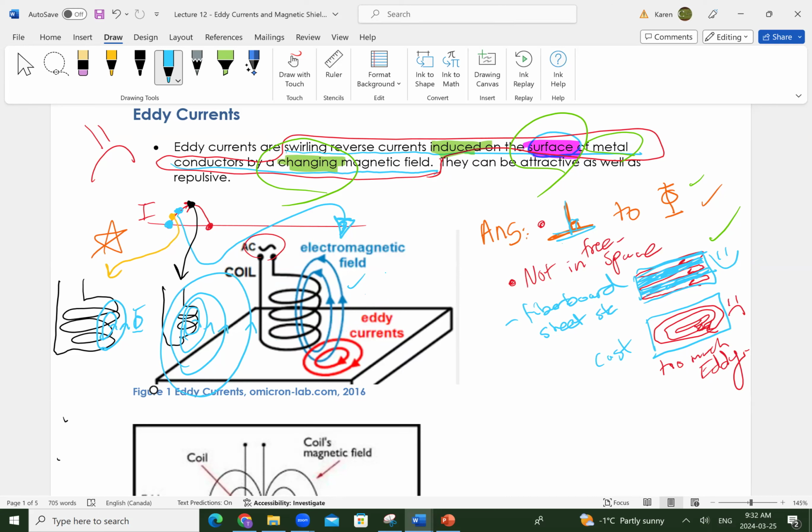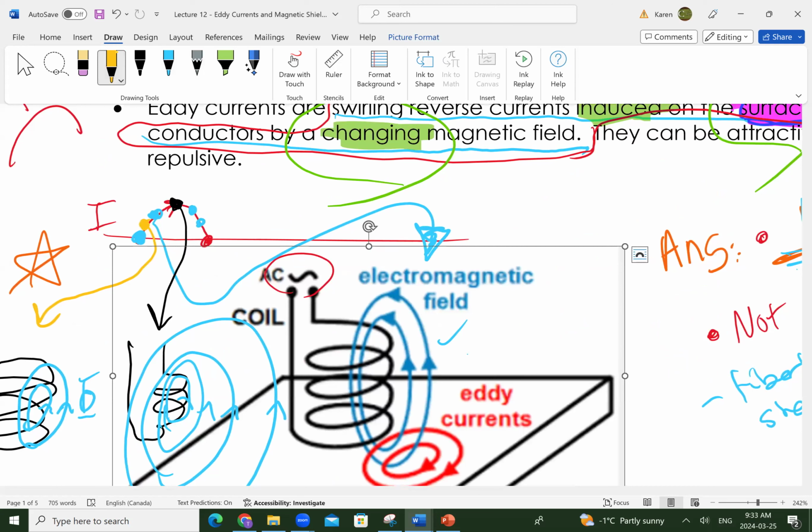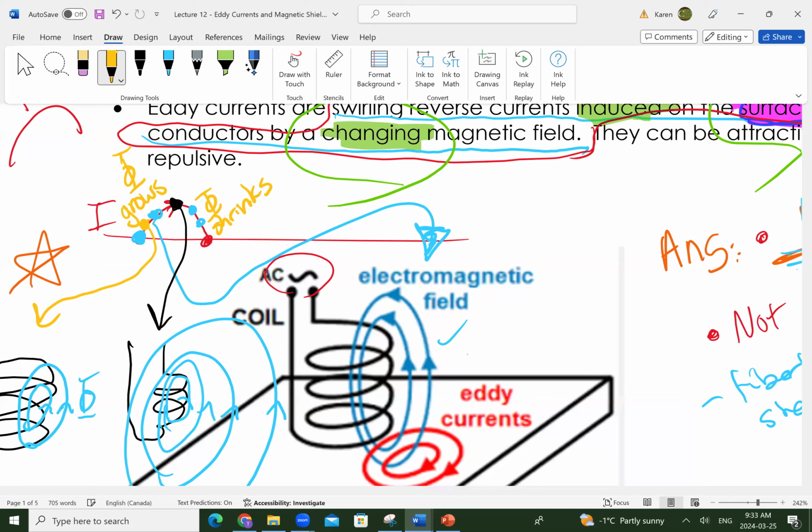All right. And then as you're going down here, they're going to get smaller again, but they're going the same direction. Okay. Oh, we're not talking about the eddies yet. Okay. So this grows. Flux doesn't just appear out of nowhere like it seems like for this course. And then flux shrinks. Okay? Flux grows there and flux shrinks there.